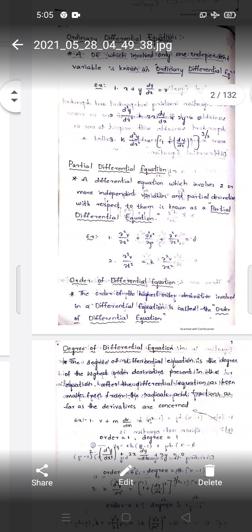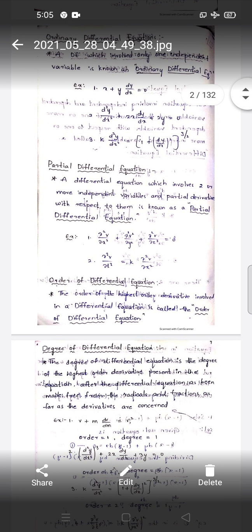Next, for ordinary differential equations, we have the order and the degree of a differential equation.